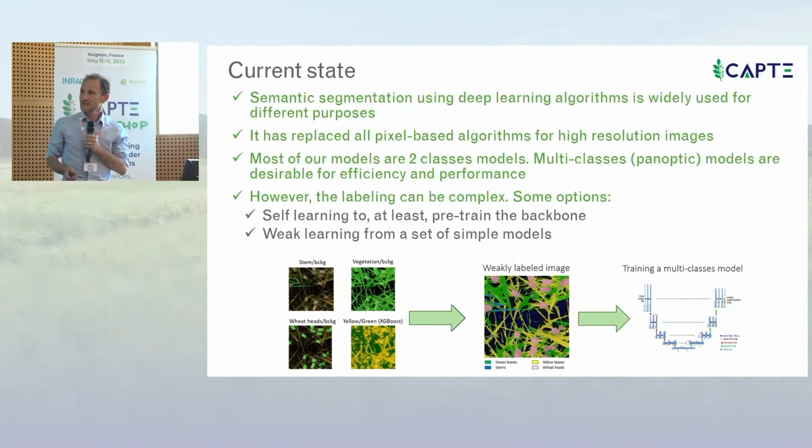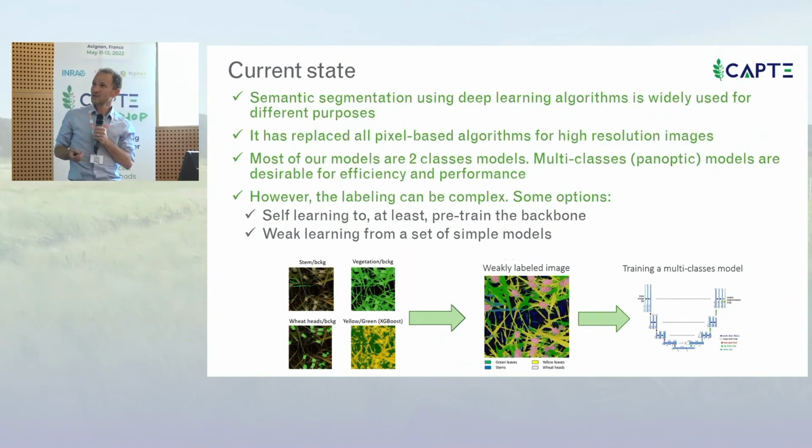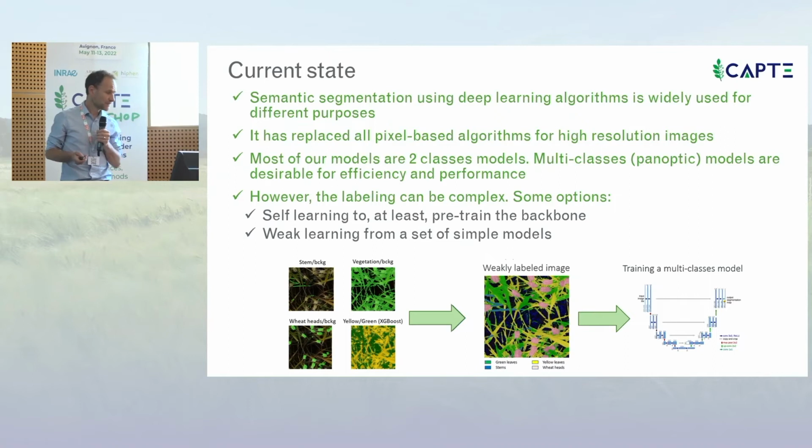Voilà. What we can say now is that semantic segmentation using deep learning algorithms is widely used for many purposes. It has replaced, in our case, all pixel-based algorithms for high-resolution images. Most of our models are usually two-class models, for instance heads versus the rest.